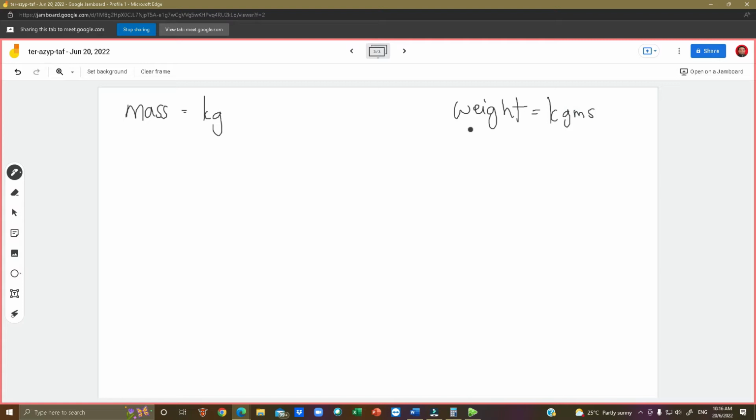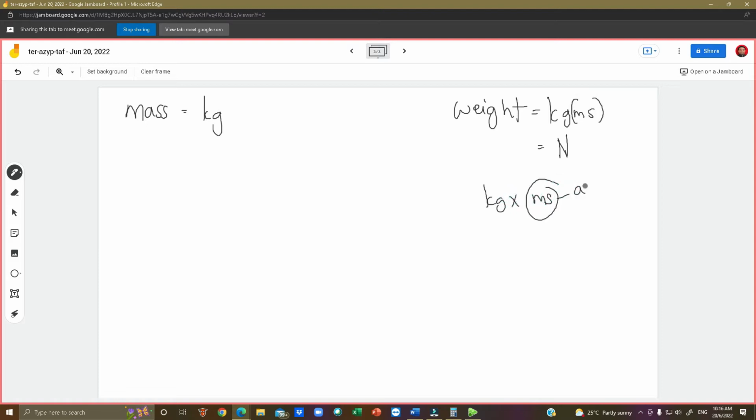Kg, sekejap weight, kg, and acceleration, ms. Or, it is in the unit of Newton. Selalunya antara dua ni. Kadang-kadang kita nampak kgms, ni mass, no. When you see kg and ms, meaning it is a derivation of kg time dengan ms. Ms ni unit apa?